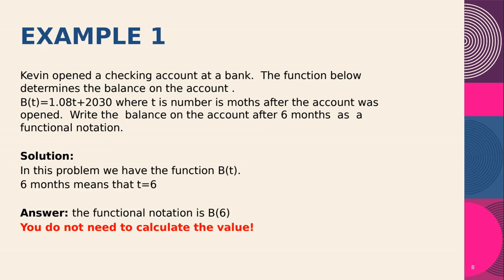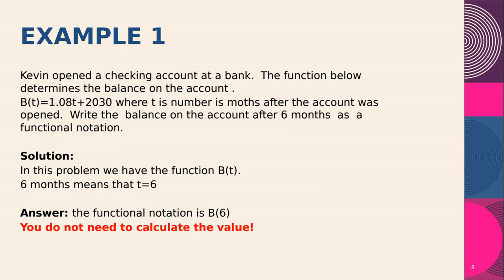Okay, we have a word problem. Kevin opened a checking account at a bank. The function below determines the balance on the account. B of t equal to 1.08 times t plus 2030, where t is the number of months after the account was opened. Write the balance on the account after 6 months as a functional notation.